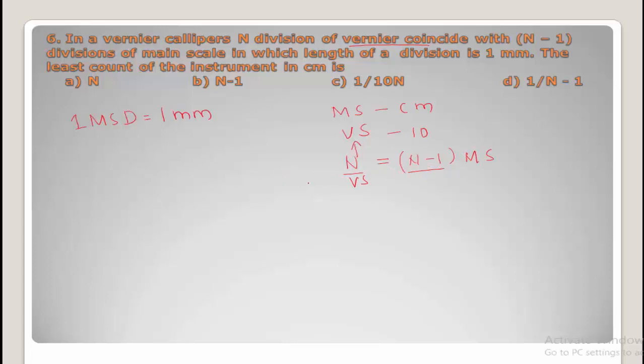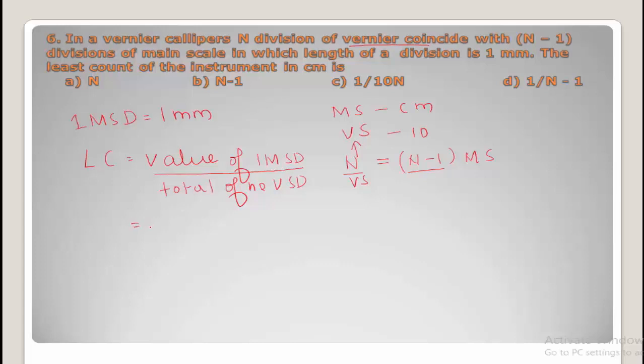So find out the least count. For this least count formula, you have already done the practicals. So LC is equals to value of 1 MSD divided by total number of VSD, isn't it?